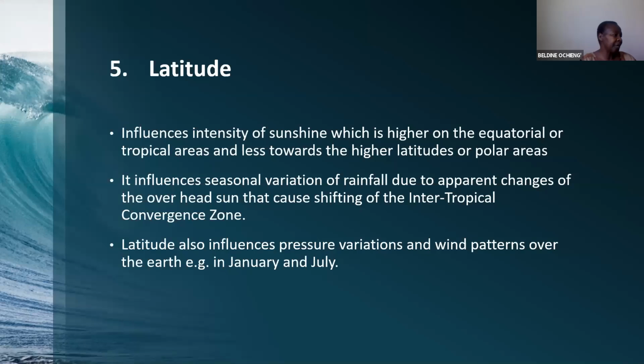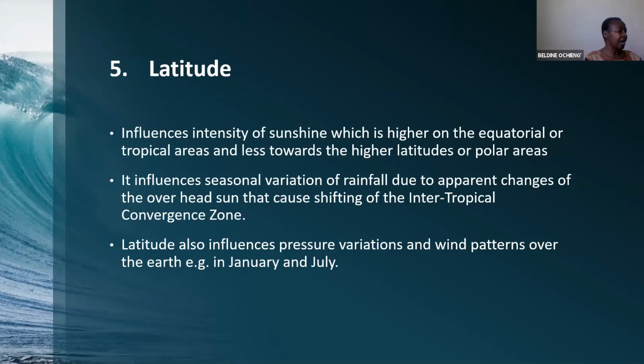The second point, it influences seasonal variation of rainfall due to apparent changes of the overhead sun that cause shifting of the intertropical convergence zone. Latitude influences seasonal variation of rainfall. We know that the sun migrates north and south of the equator.